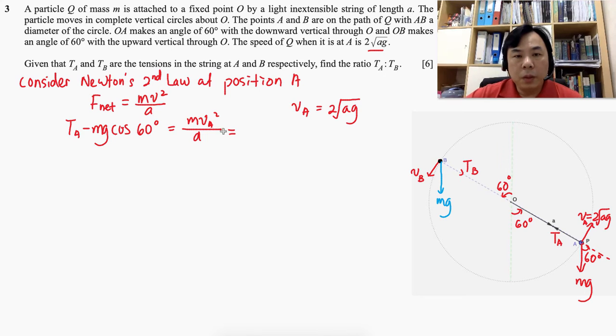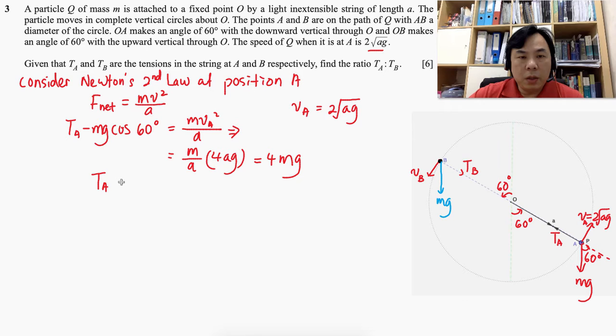Okay, so from here, I think I'll write it down here. It's m over A. Now the square of this will be 4AG, and then that will be 4mg. All right, so I hope that's clear. From here, we can deduce that the tension of the string at position A is given by 4mg, summed up with mg cosine 60 there.